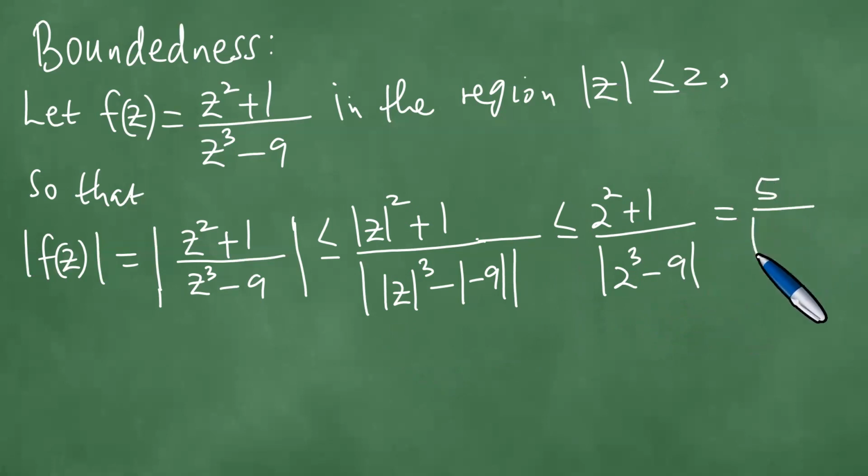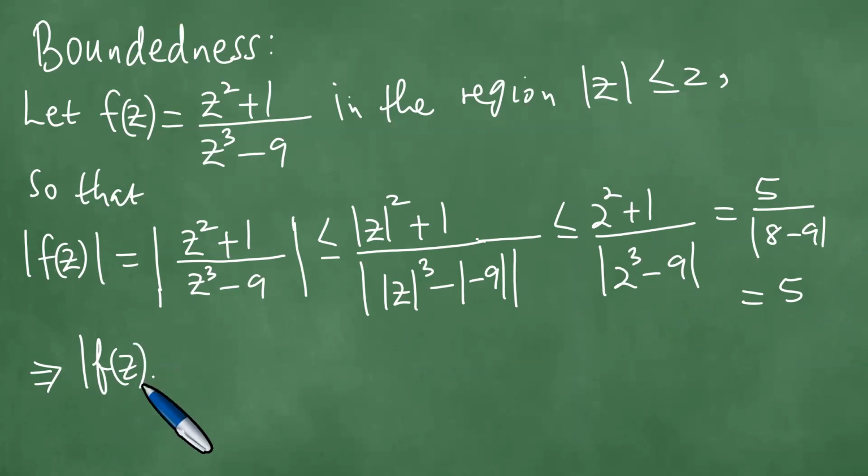That is 5 divided by the modulus of 8 minus 9, so it's going to be 5. And this means, therefore, that the modulus of this function is less or equal to 5, like this.